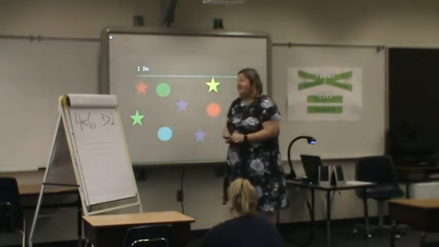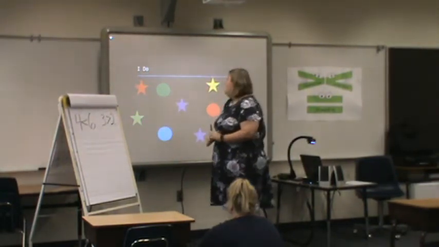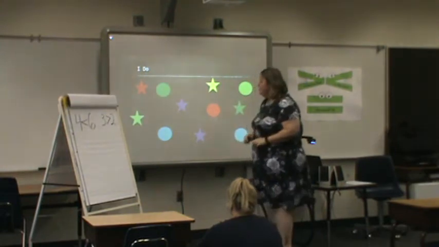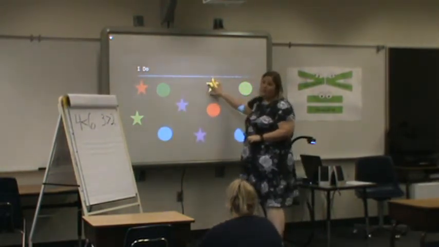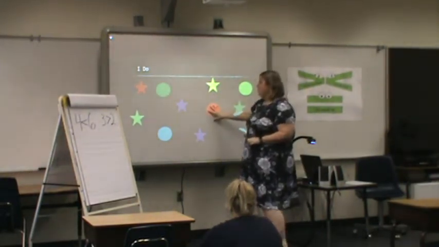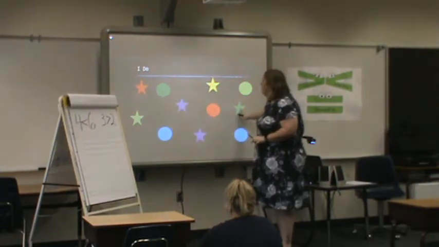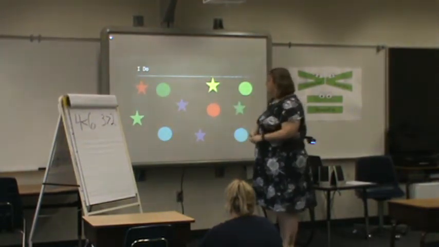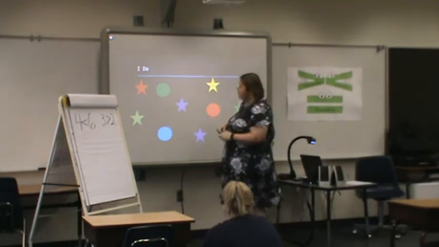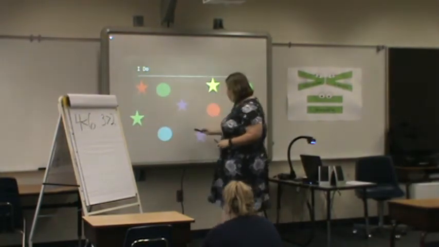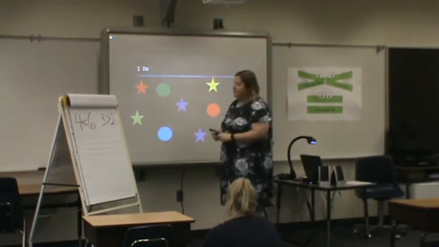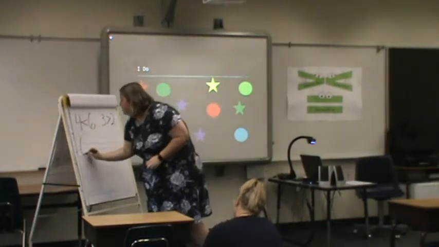Alright, this one's a little tricky. It's all mixed up. I'm gonna group them into shapes. So I'm gonna group them into stars and circles. Because if I grouped them by color, I'd have too many groups. So I'm gonna count my stars. 1, 2, 3, 4, 5, 6. I have 6 stars.